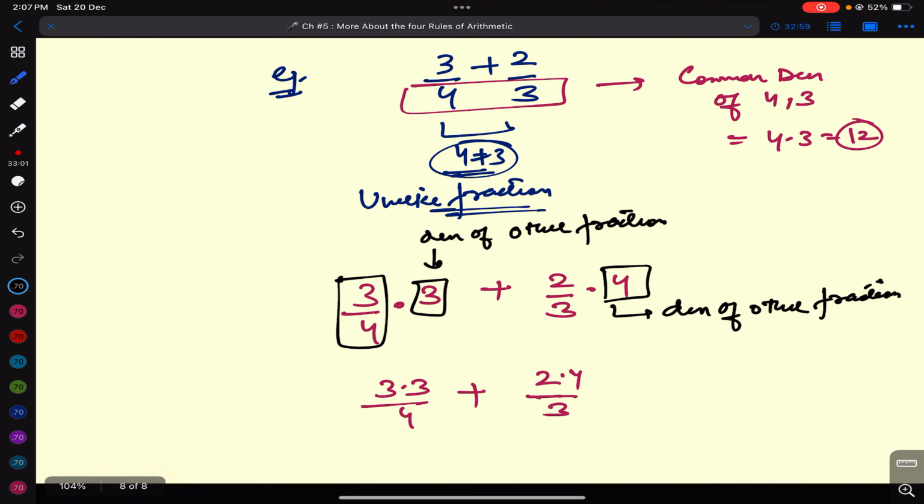Okay, so once you have this, now you can simplify. So 9 over 4 plus 8 over 3. Sorry, we also figured out the common denominator as 12, so that we were supposed to write here in the denominator.